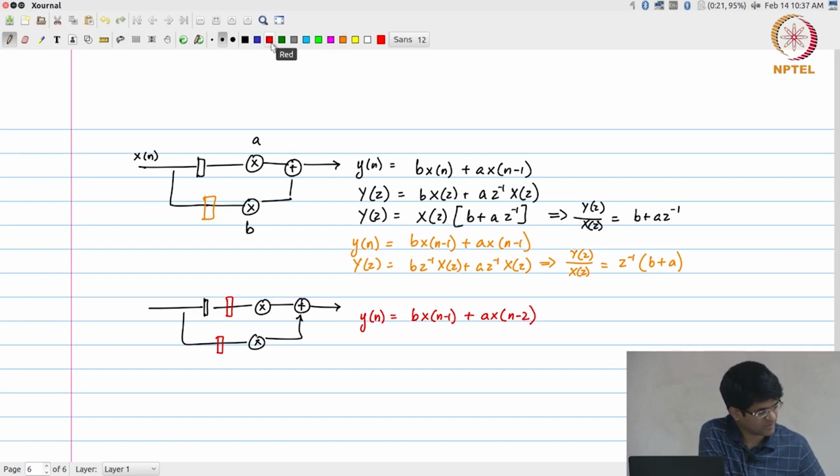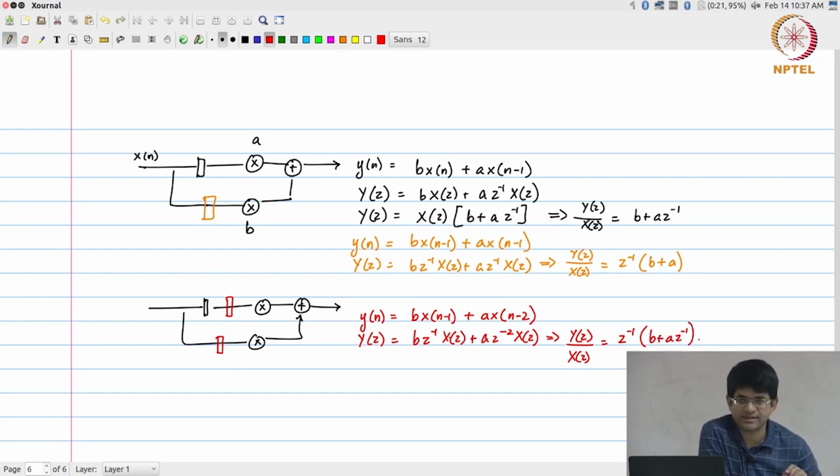And in the third case, y of z equals b z inverse x of z plus a z to the minus 2 x of z, which gives y of z by x of z equals z inverse into b plus a z inverse.